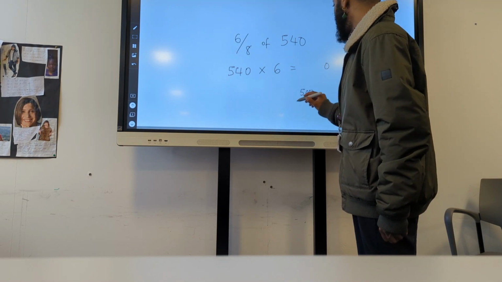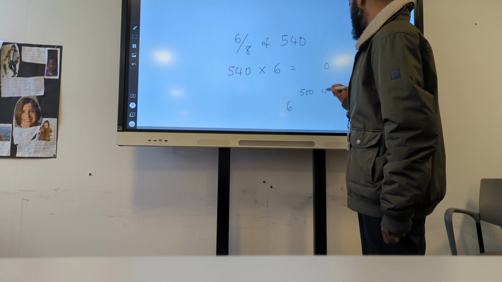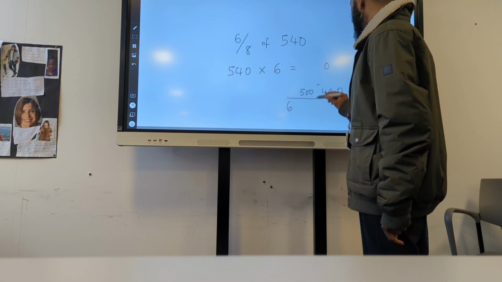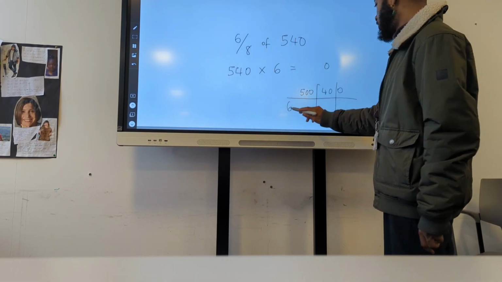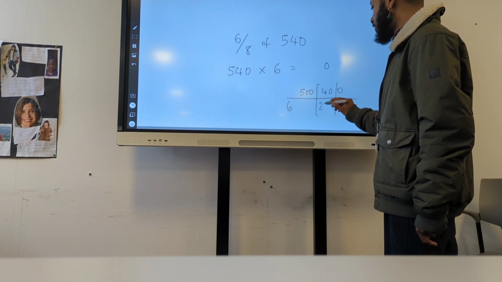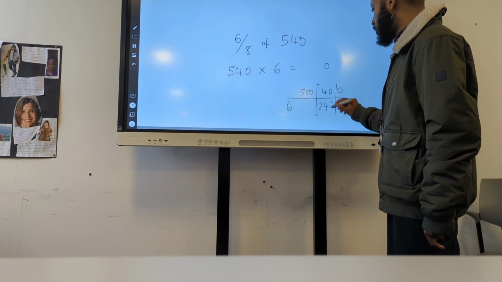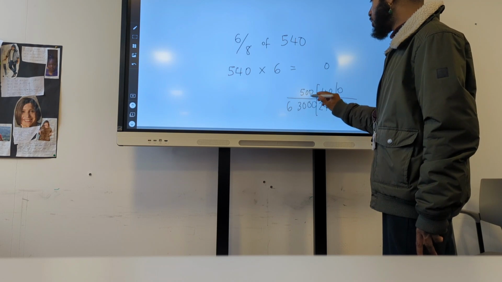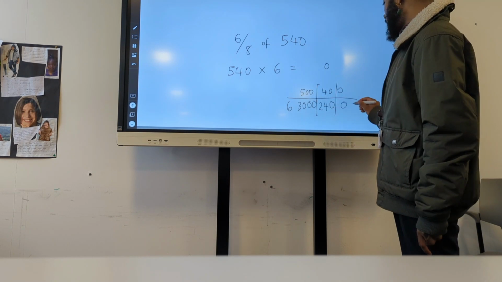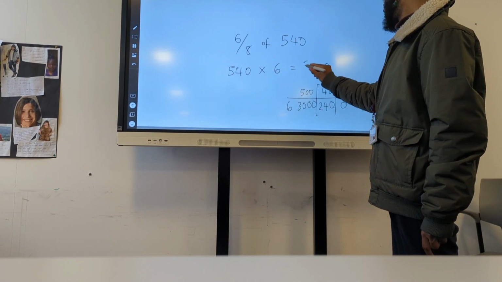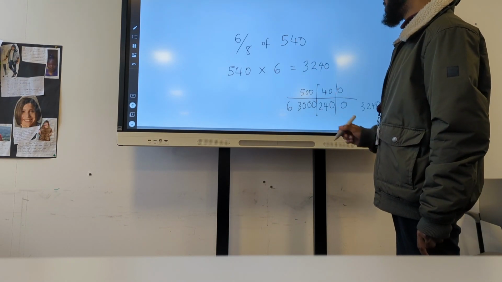Let me just do it my grid method way. So 6 times 0 is 0, 6 times 4 is 24, but then you have a 0 left over, so you put it there. 6 times 5 is 30, and you have 2 zeros left over, so you get 3,240. So your answer is 3,240.